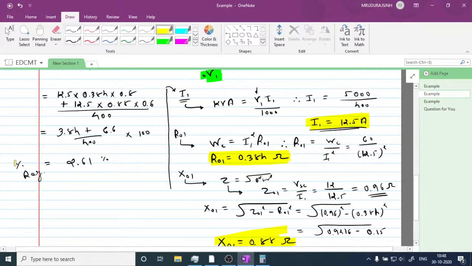So this is how we can calculate the percentage regulation, right? So what about you all? How many of you have got this percentage regulation correctly? Is there anybody calculating it with me? Please write the answer in the comment section if you are calculating it with me.